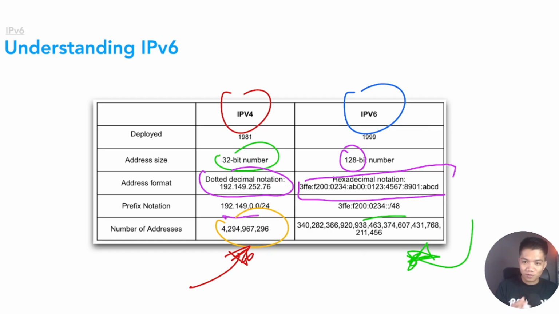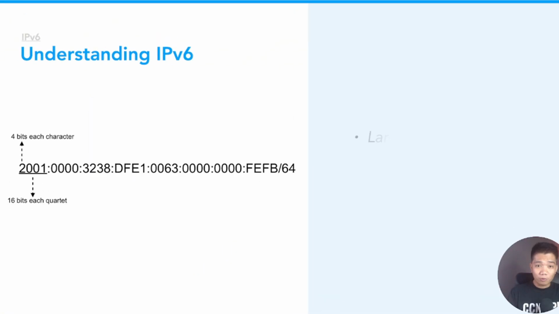We can say that for now, but in the near future, we don't know. But that's what they say. Right? So we're good with this. That's the main difference between IPv4 and IPv6.